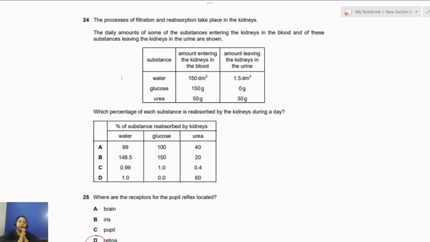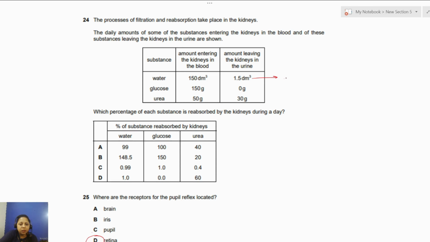Next one. There is filtration and reabsorption that occurs, right? It's 24. 24 is the toughest one. Now listen. When we talk about the kidney, there are three things that pass through it: water, glucose, urea, along with salt. Water is absorbed in a higher quantity, but not all water is absorbed.